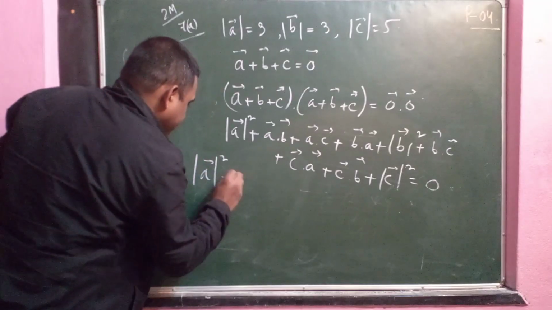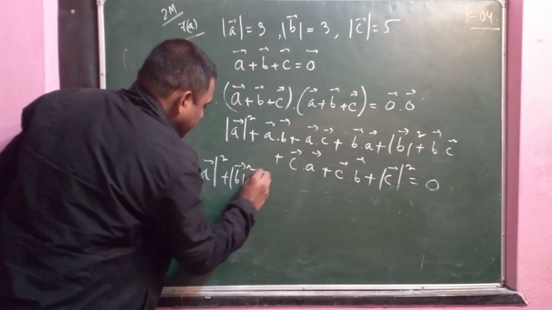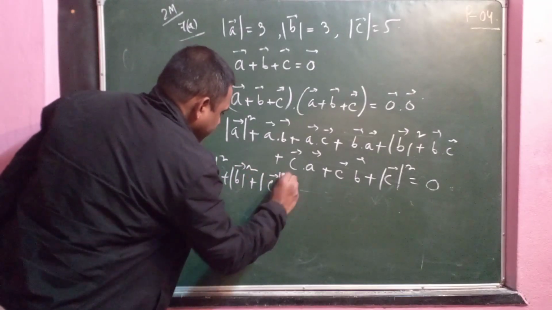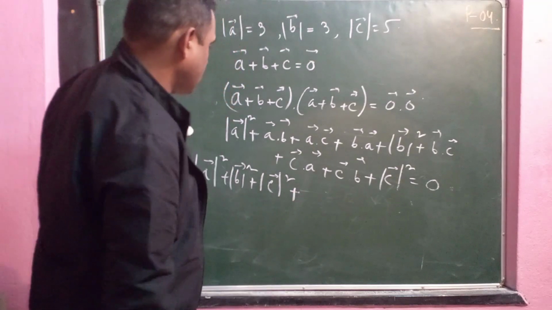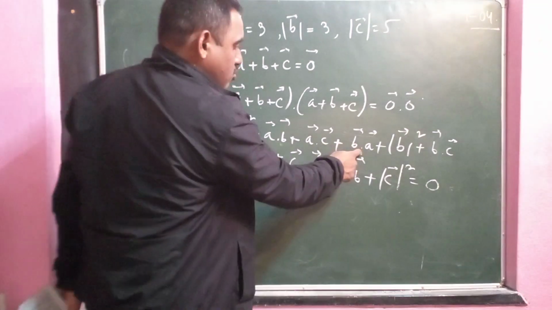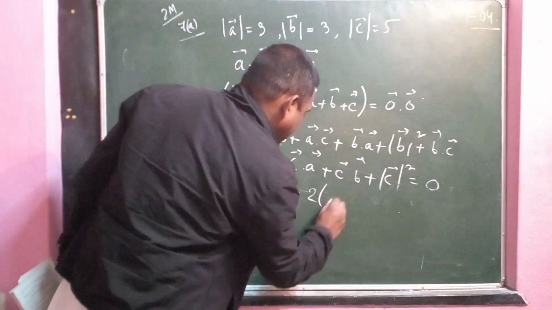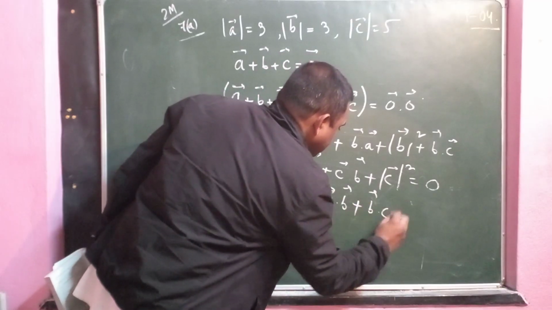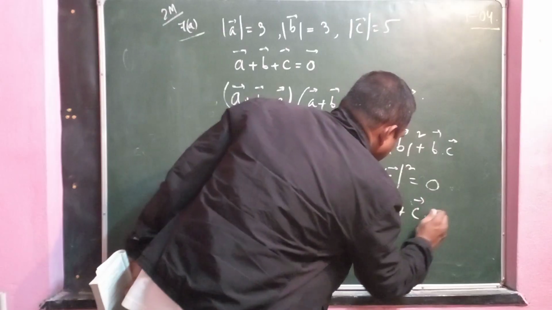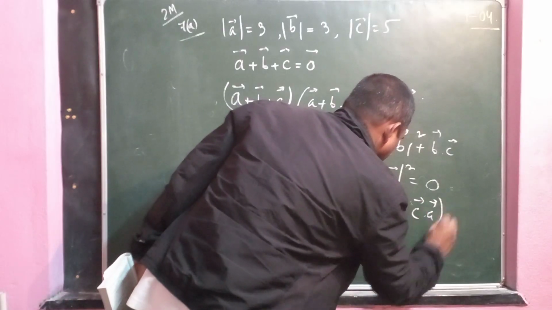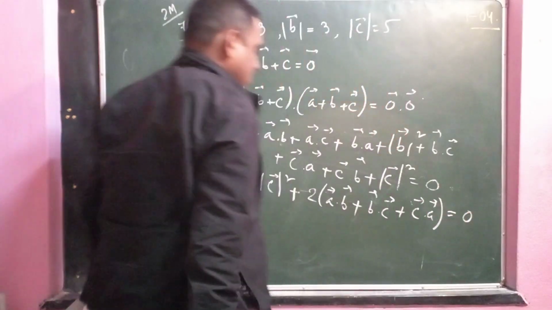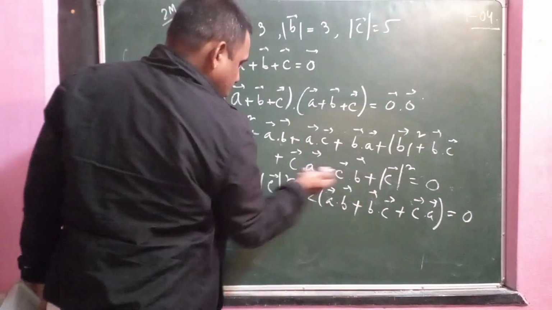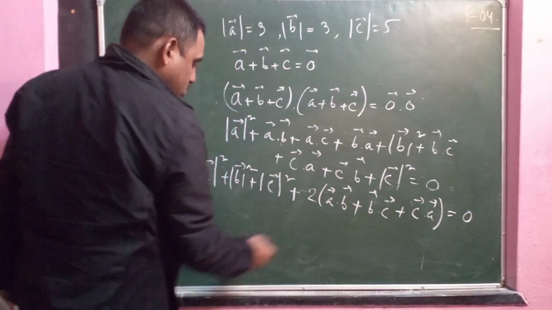Mod A square plus mod B square plus mod C square plus A dot B, B dot A, so that is 2 times (A dot B plus B dot C plus C dot A), equals 0. Understand? Because A dot C and C dot A are the same.